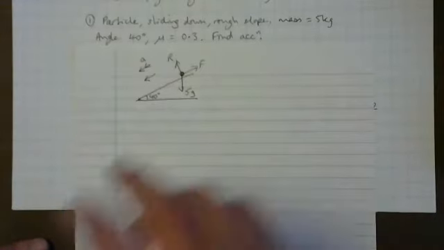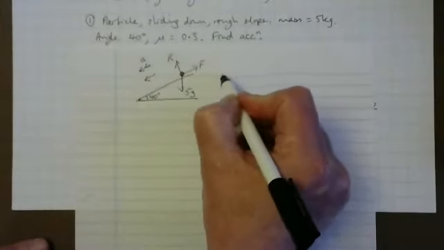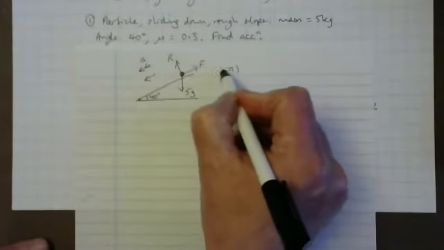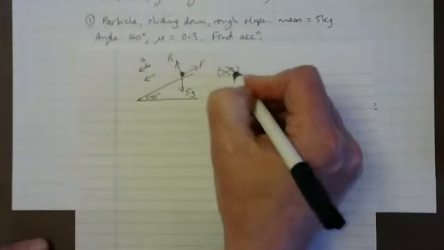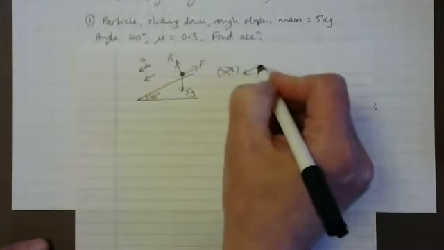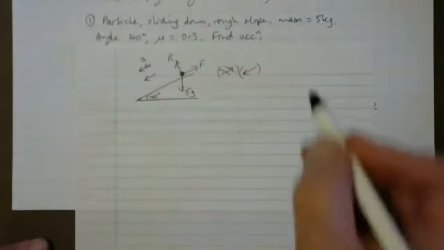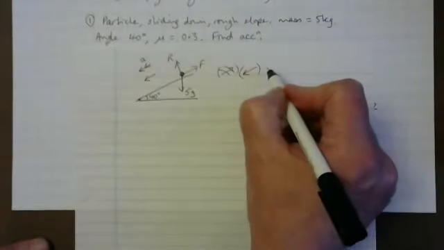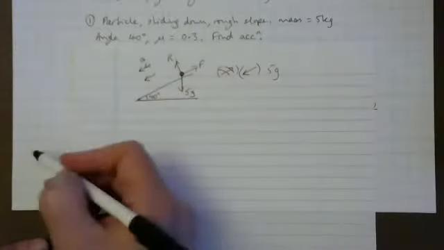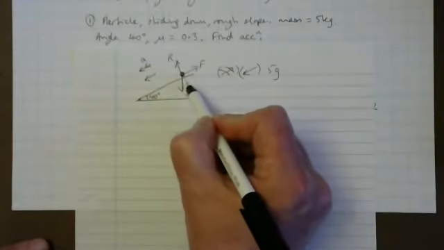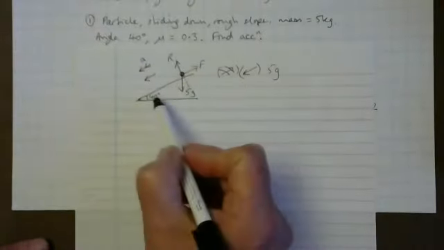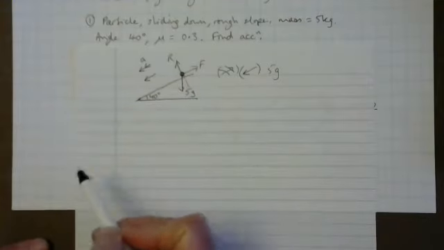Let's do the maths then. Let's begin in this direction. Oh, sorry, the motion is in this direction. That'd be silly to do it in that direction, wouldn't it? Let's do it in this direction. So in this direction, I've got 5g. Now, what part of the 5g is in this direction? Just look at the angle here. This is 40, so this is 50, so that's 40.